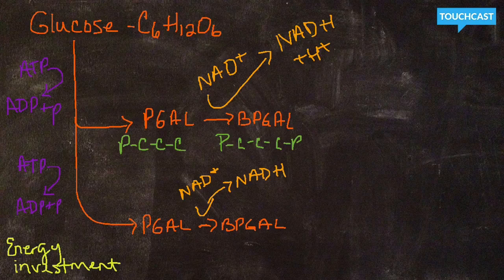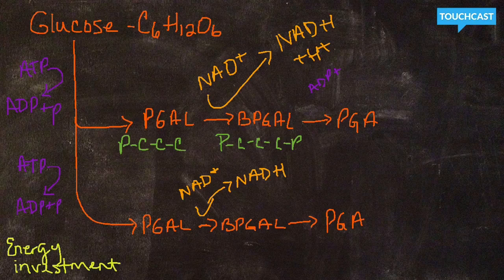Now in the next step, BPGAL is going to be converted to PGA, and in this stage you end up actually with your ATP being produced. So remember, to get ATP you take ADP plus a phosphate.